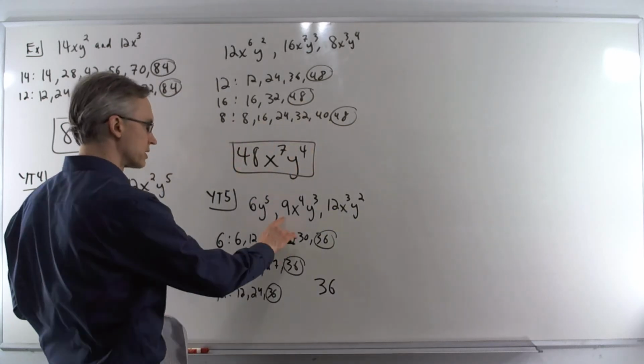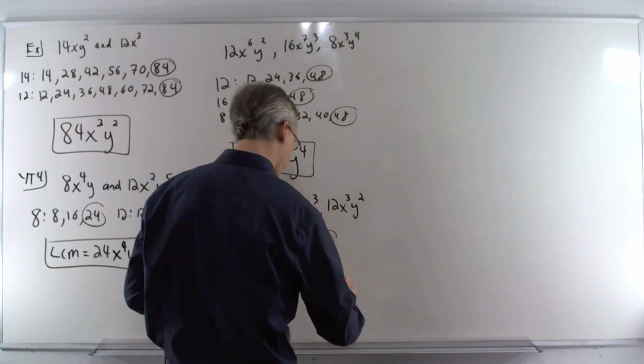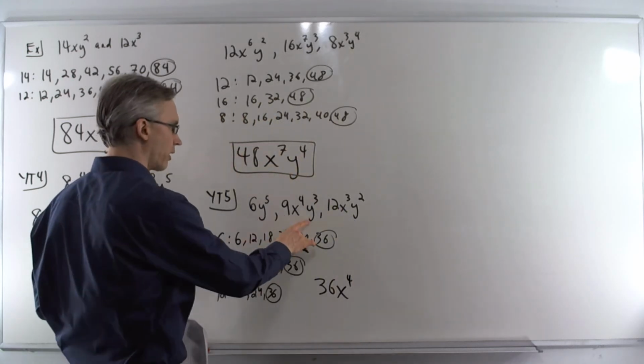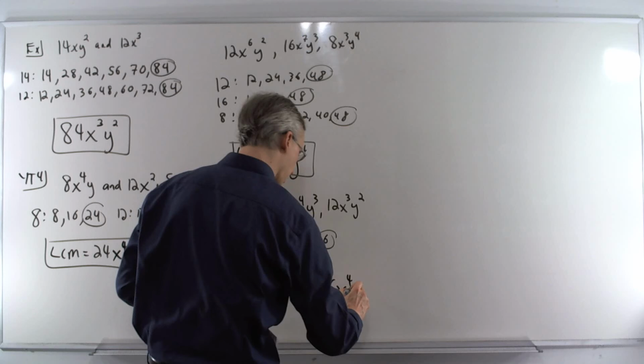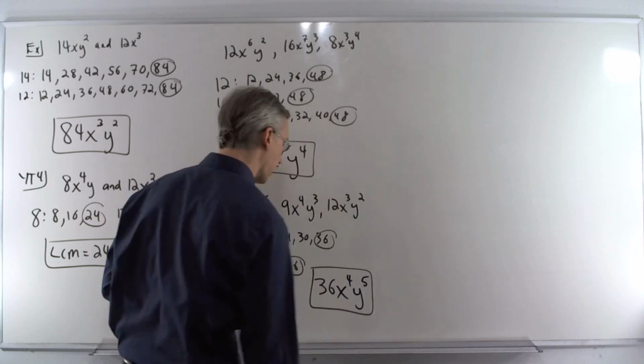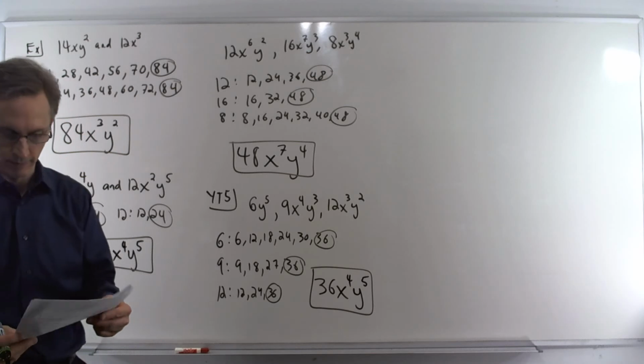Now for the variables, we got x to the 4th and x to the 3rd. 4 is the larger exponent, so we'll keep that. And y to the 5th, y to the 3rd, y squared, we'll take y to the 5th. Our LCM is 36, x to the 4th, y to the 5th.